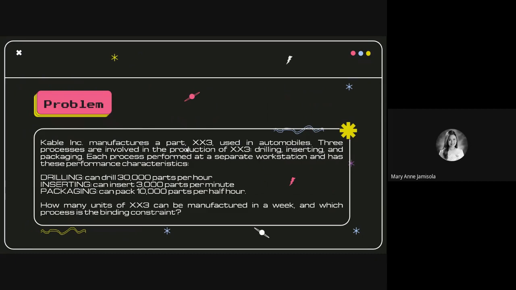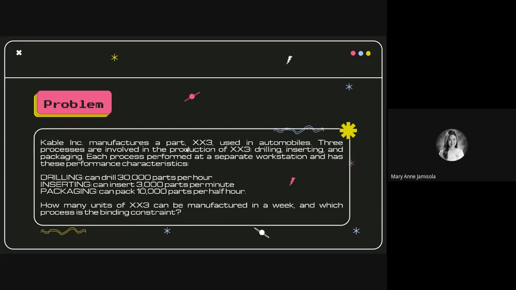Okay, I have here an example. Cable Incorporated manufactures a part. We will call it part XX3. This part is used in automobiles. Three processes are involved in the production of this part, and these are drilling, inserting, and packaging.